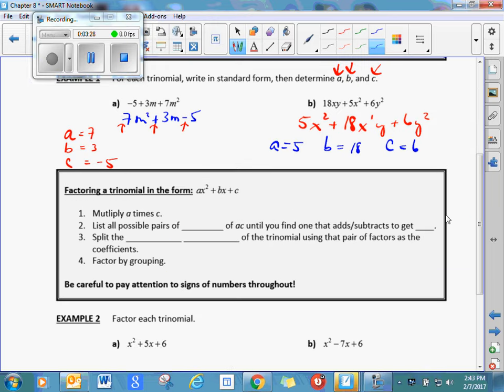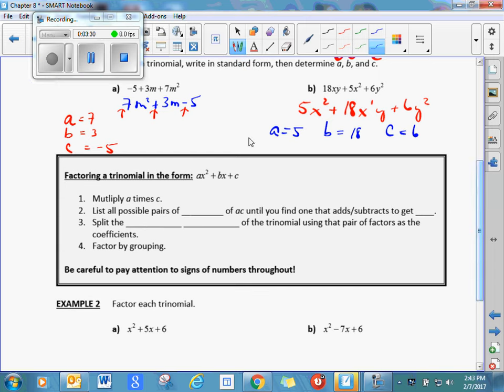And here's what you do. You put your trinomial in standard form that looks just like this. And then you multiply A times C. You multiply those two together.